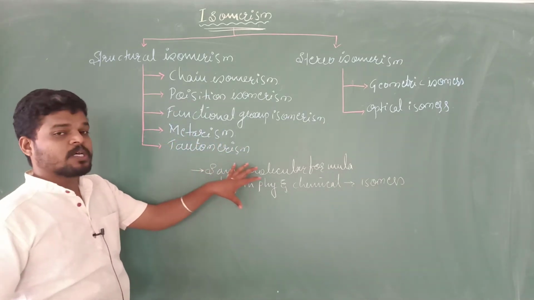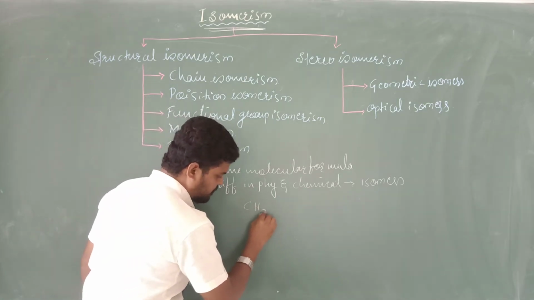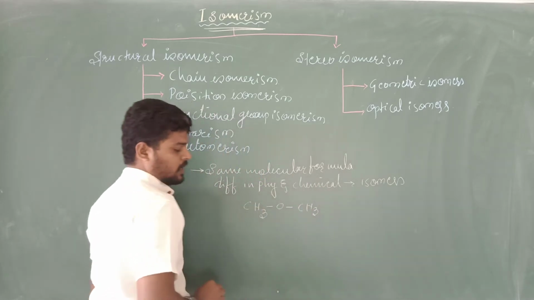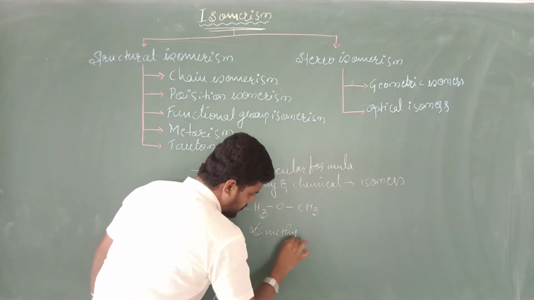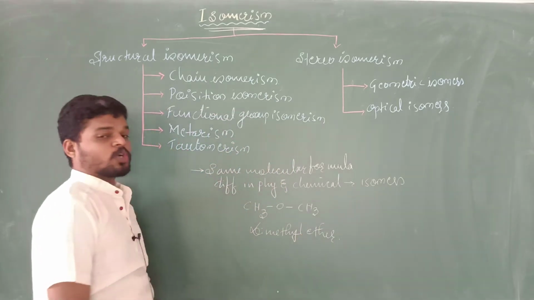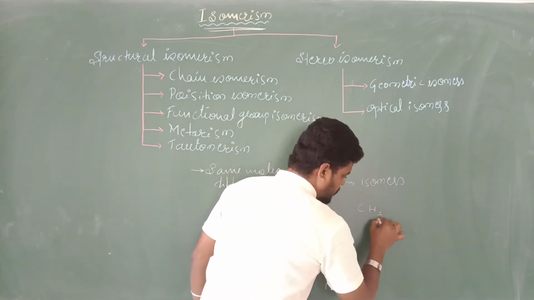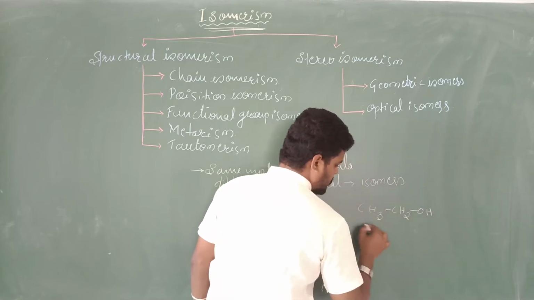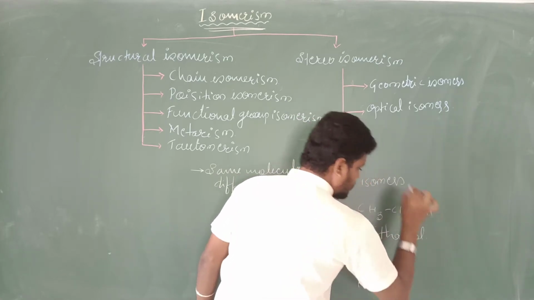For example, consider one compound, CH3OCH3. The name of the compound is dimethyl ether, or methoxymethane. And consider one more example, CH3CH2OH. The name of the compound is ethanol.